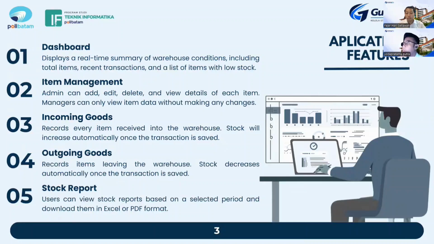We enter the application features. One, we have the dashboard. The dashboard displays a real-time summary of warehouse conditions, including total items, recent transactions, and a list of items with low stock. And then two, item management.